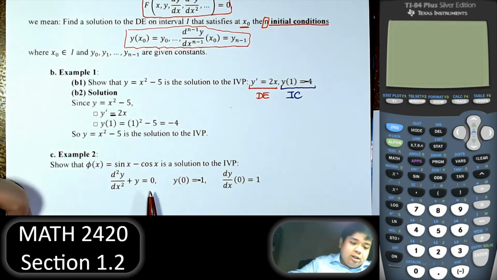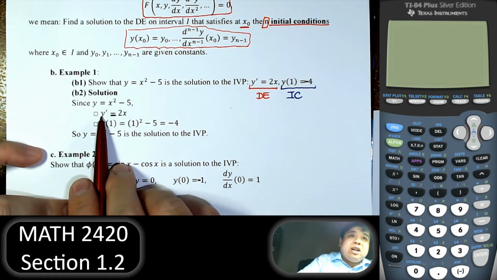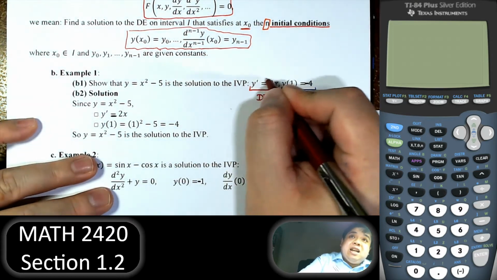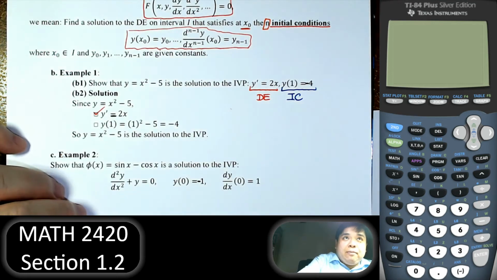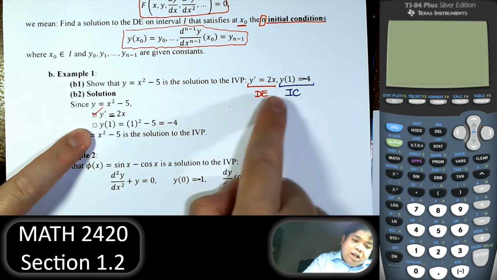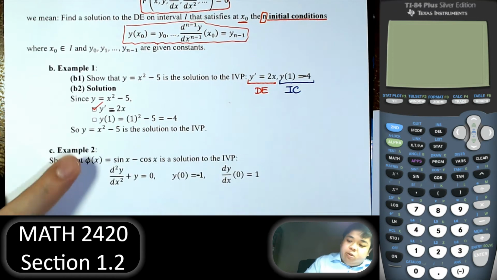Alright, let's check. The function is x squared minus 5. When we take the derivative, y prime is 2x, and that's exactly the differential equation, so that checks. Next, the initial condition, when x equals 1, y equals -4.